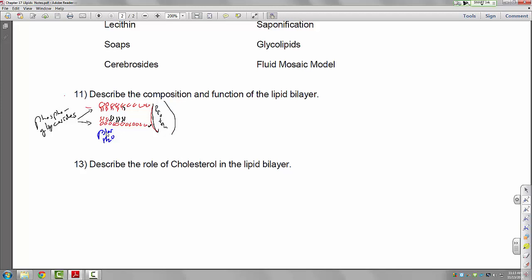And you could also have that cholesterol business. Remember it's four rings, put the alcohol group there, so you can have cholesterol in here as well.